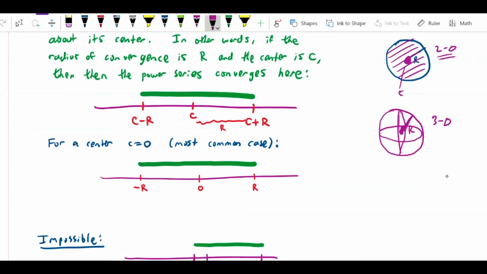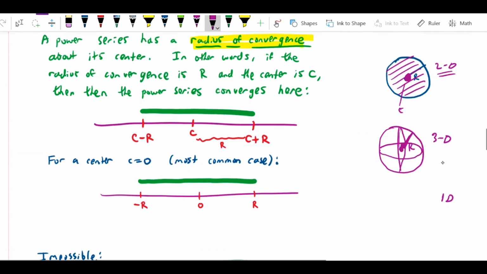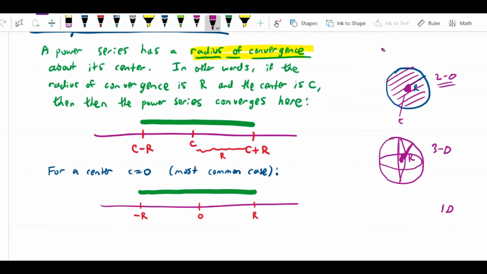Well, let's go backwards and ask what the 1D case looks like. You can see it a little bit by equations. This is going to be x squared plus y squared is less than r squared. That's the interior of a circle. For a sphere, we have x squared plus y squared plus z squared is less than r squared. That's the inequality that gives the interior of a sphere.